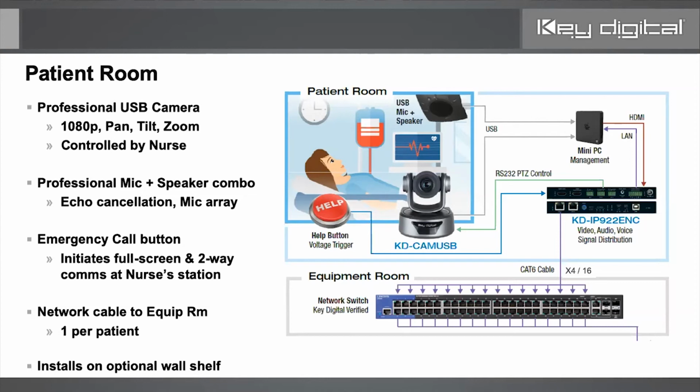Yeah, the USB equipment, the camera and the mic speaker combo. That kind of data is not supported over the AV over IP product. The AV over IP keyboard USB ports are used for keyboard and mouse, but it's not supporting the bandwidth of things like a webcam and the mic speaker combo.